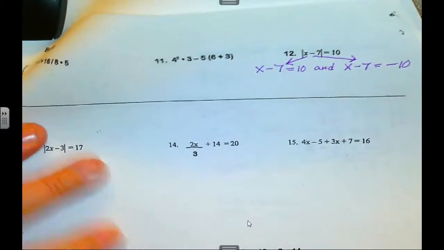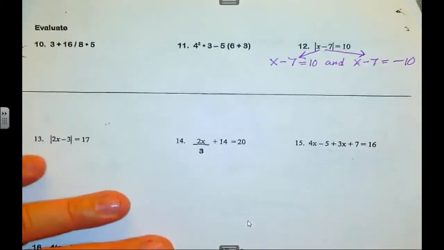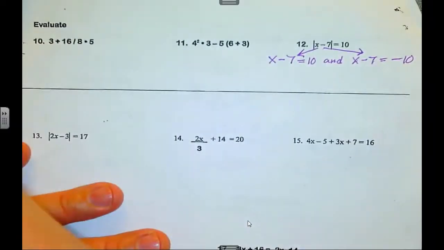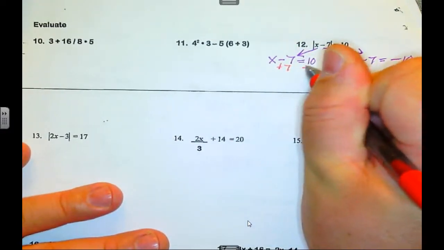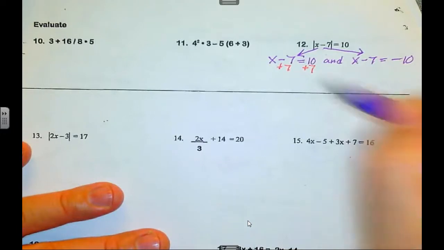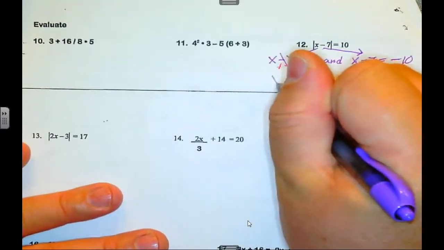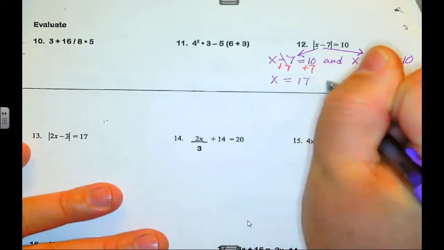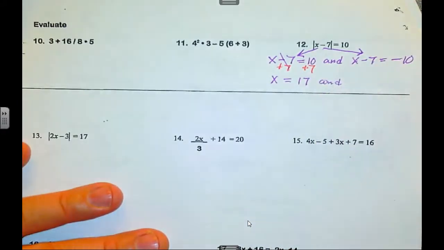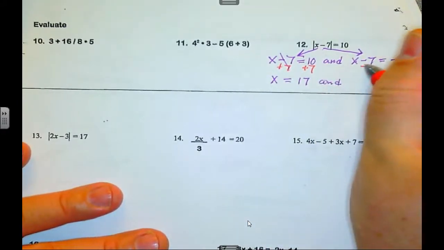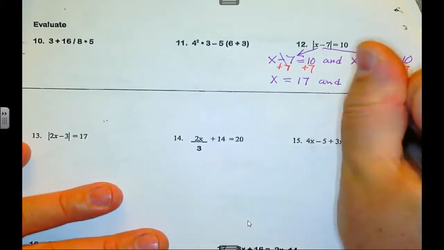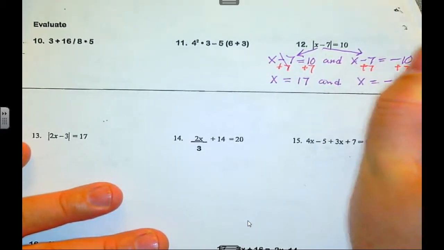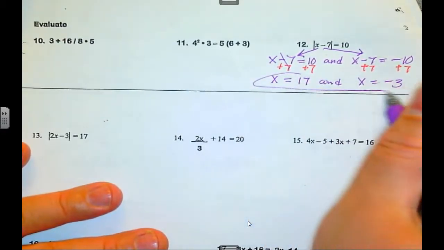Then I solve each side. So I'm going to add 7 to both sides. I get x equals 17, and adding 7 to both sides, I get x equals negative 3. That's my answer.